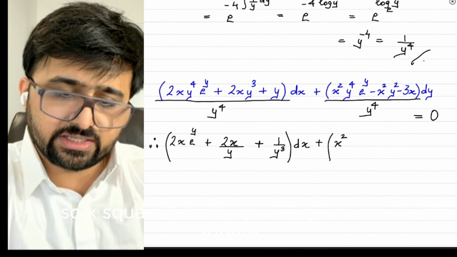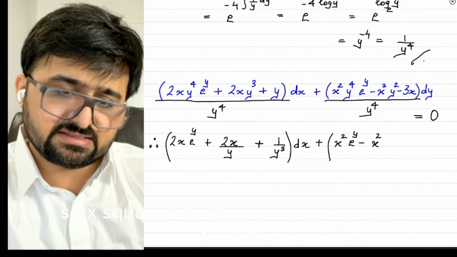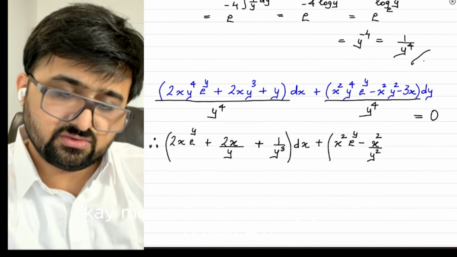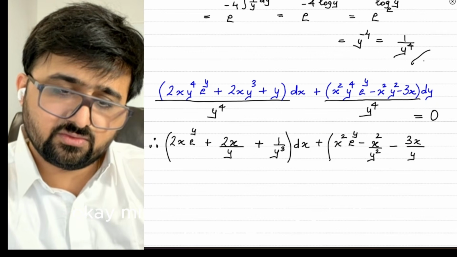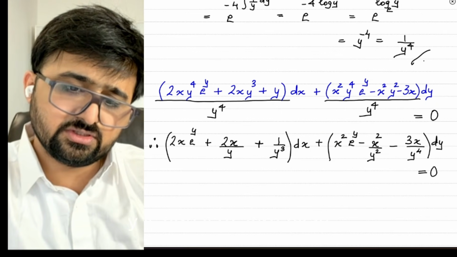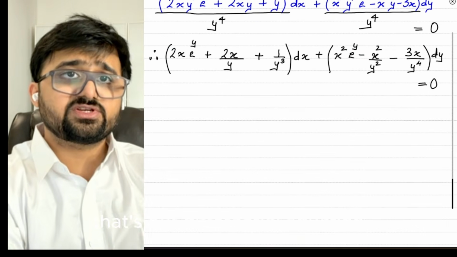So x square e to the power y minus x square divide by y square, okay, minus 3x divide by y to the power 4 dy is equal to 0, okay.